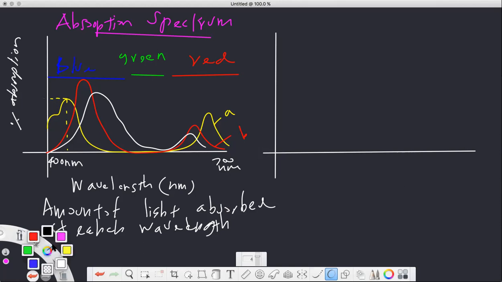Alright, now we have a second graph. In the second graph, again we place wavelength on the x-axis.